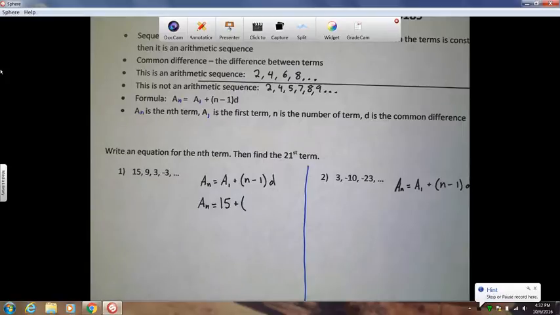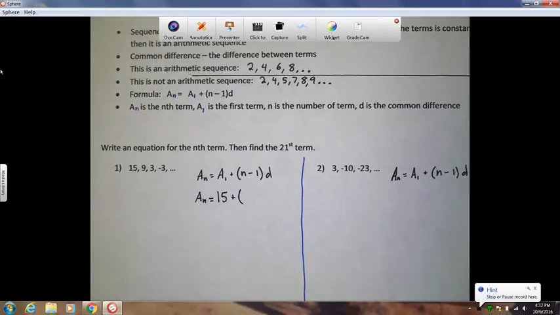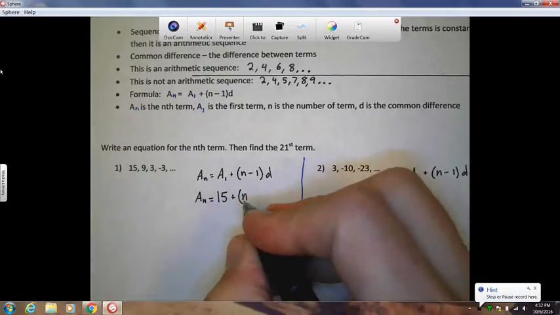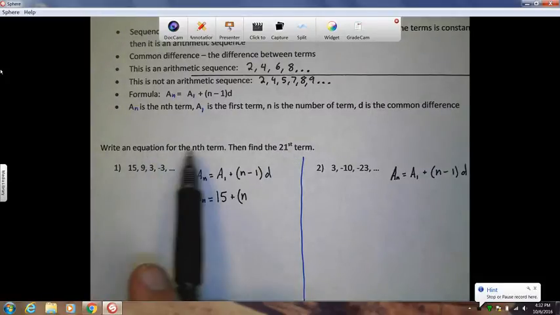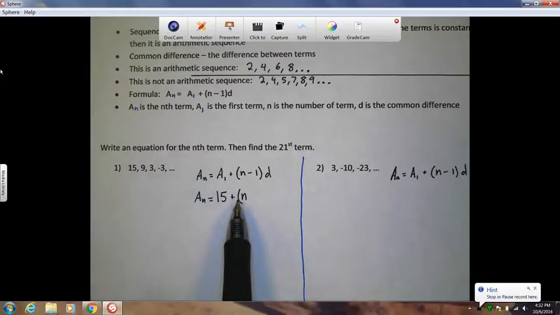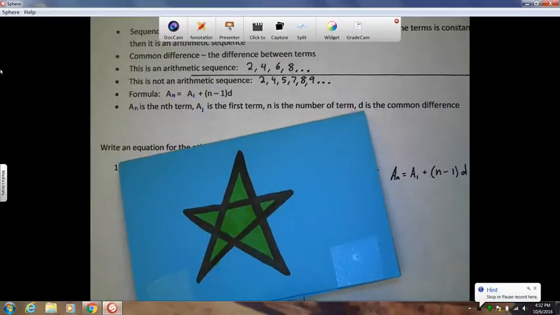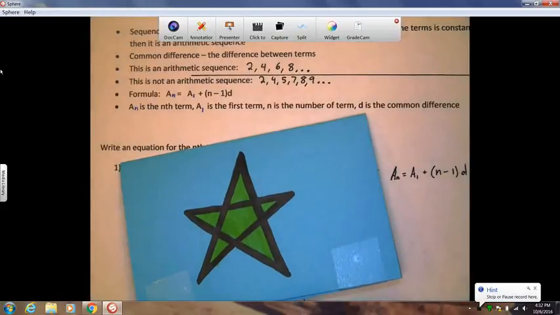N is the number of the term, so right now I'm leaving that as n until I know which one I want to find. I know it says 21, but I'm not going to do that yet. I'm writing the equation first. N needs to stay. Make sure you remember that. N stays when you're writing your formula.